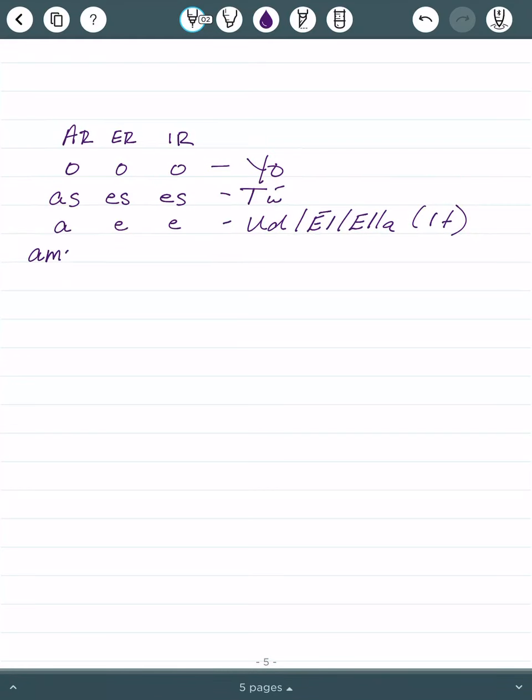For nosotros, it's amos for AR, emos for ER, and imos for IR. And then vosotros, áis for ARs, éis for ERs, and ís for IRs.